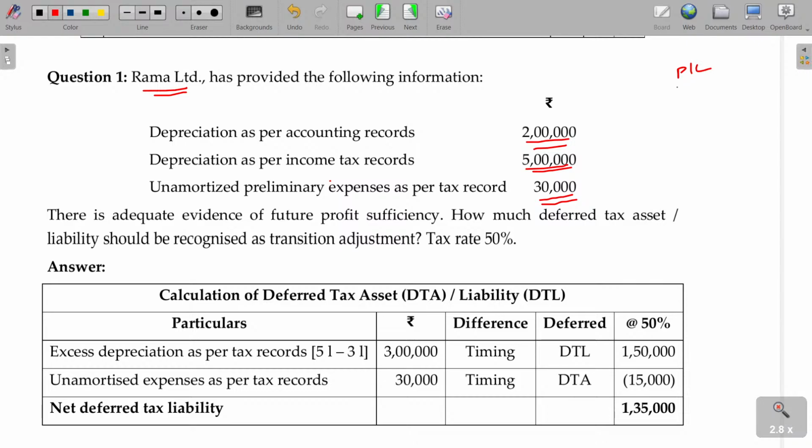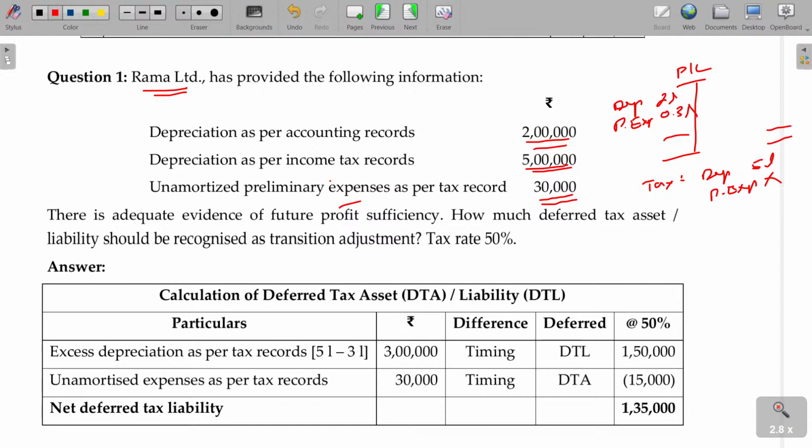So in your P&L account, depreciation is 2 lakhs and preliminary expenses 30,000. But for tax purposes, claimable depreciation is 5 lakhs, and preliminary expenses cannot be debited.